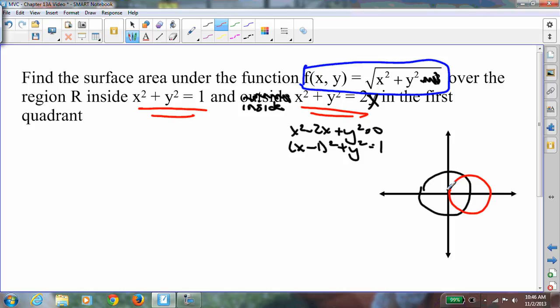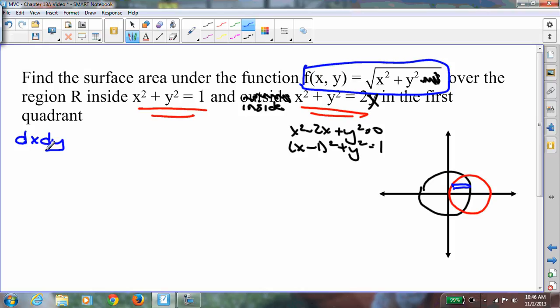So if I look at this, in the first quadrant, it is horizontally simple, because if I were to draw a rectangle horizontally, notice there is a clear left curve and there's a clear right curve. So being that this is horizontally simple, the first one I'm going to do is set up a dx dy. So that means I need to solve for my x equation.